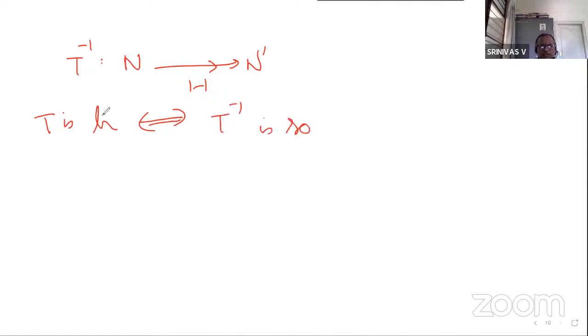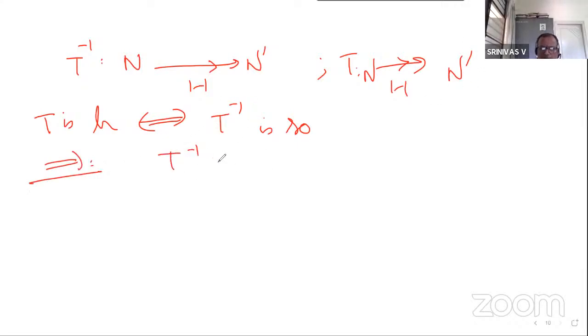If your T is linear, mapping N to N dash, and it is one-to-one and onto, you can show that your T inverse is also linear. Let us assume this and show this.